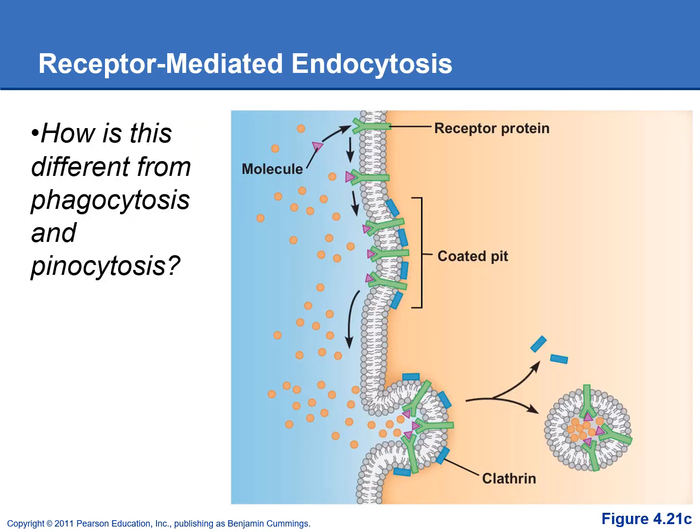And the last type of endocytosis is very different from phagocytosis and pinocytosis. This is called receptor-mediated endocytosis. So this one's different because it's very specific in what gets taken into the cell. So we have some specific receptors that are out on the cell membrane. And for example, we take in the LDL, the bad cholesterol, into our body cells by receptor-mediated endocytosis.